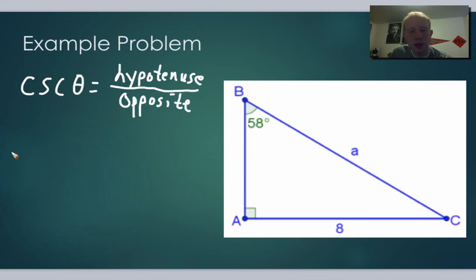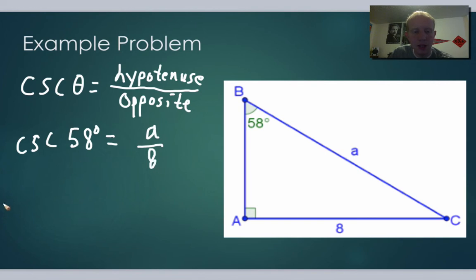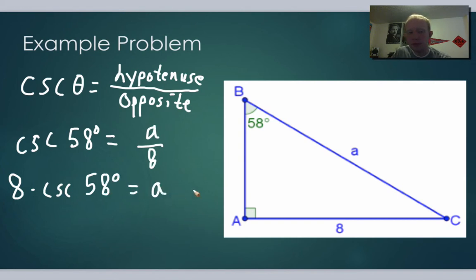And so that gives us cosecant of 58 degrees equals A over 8. So times the 8 over to the other side. 8 times cosecant of 58 degrees gives us A. So again, when we type that into our calculator, we just need to make sure that we do 1 over sine to give us cosecant.